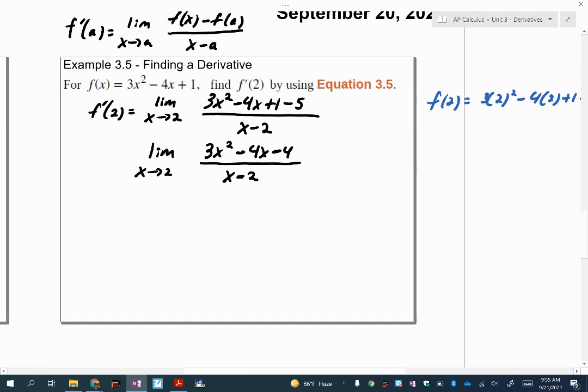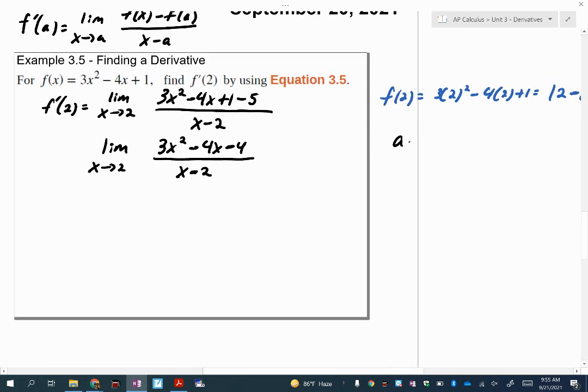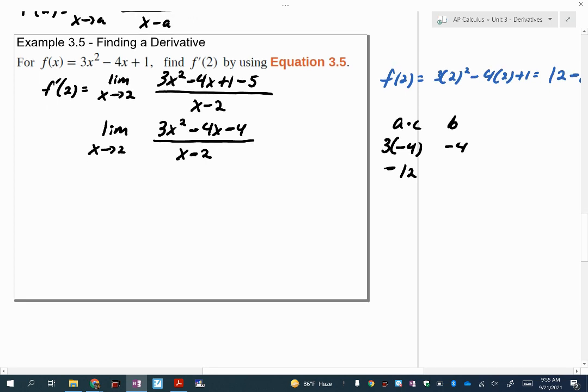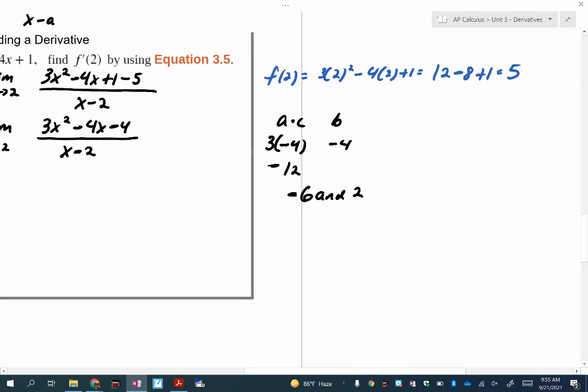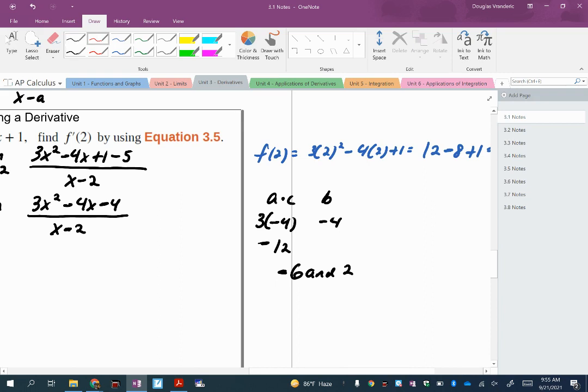So I'm going to factor the top, do factors of a times c that add to b. That's going to be 3 times negative 4, which is negative 12, that add to negative 4. So I'm looking for factors of negative 12 that add to negative 4. So negative 6 and positive 2 should work. So let me do some more work here.